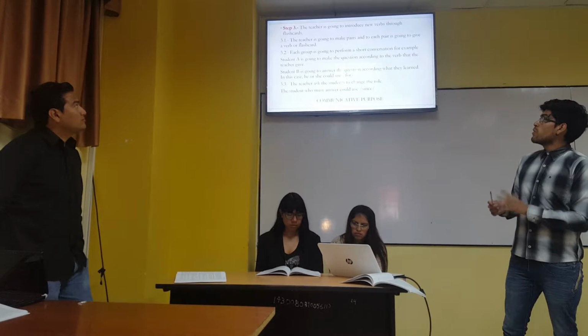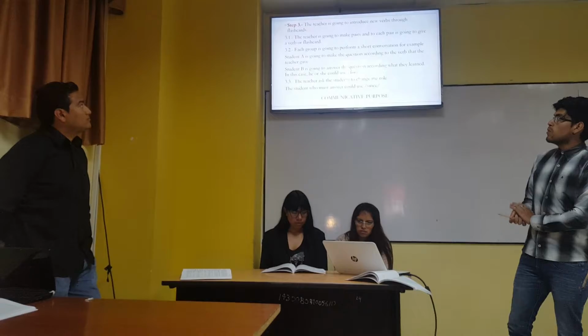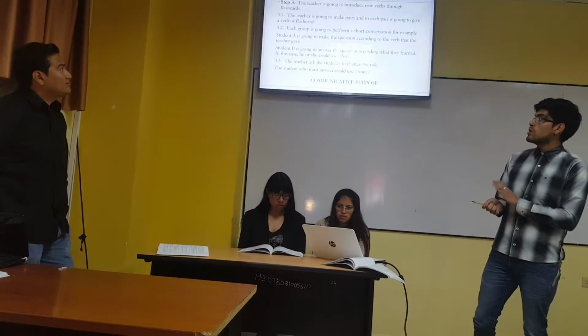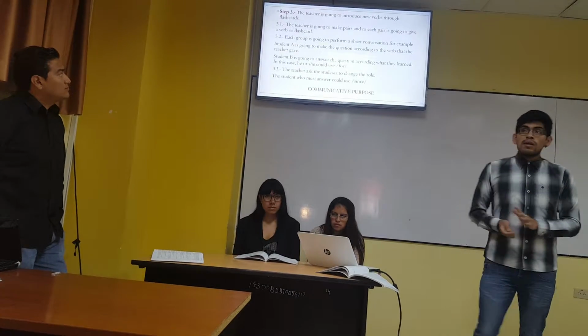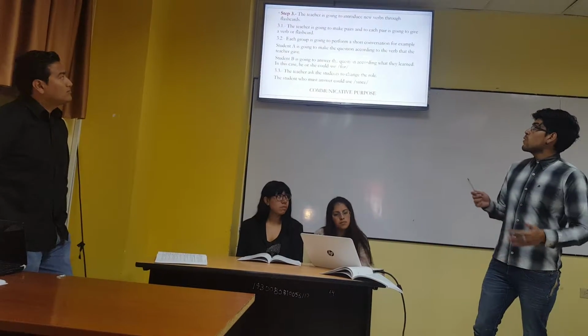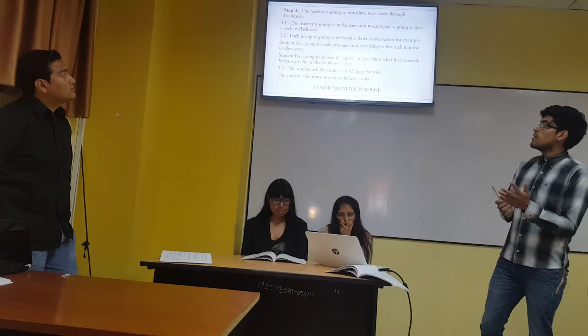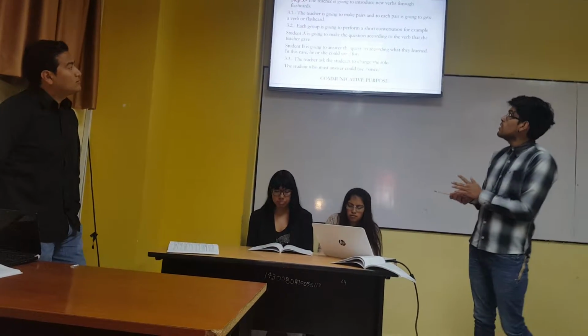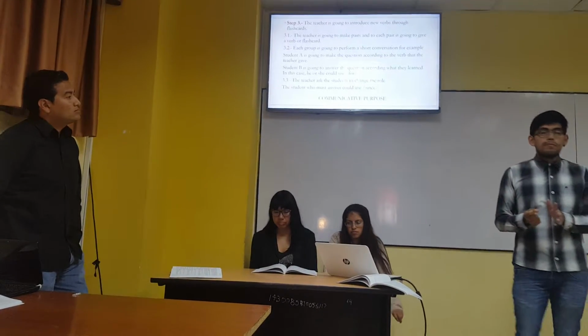Each group is going to perform a short conversation. For example, student A is going to make the question according to the verb that the teacher gave them. And student B is going to answer the question according to what they learned. In this case, he or she could answer using for.